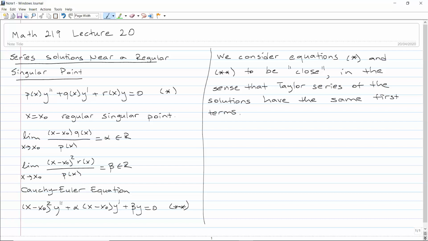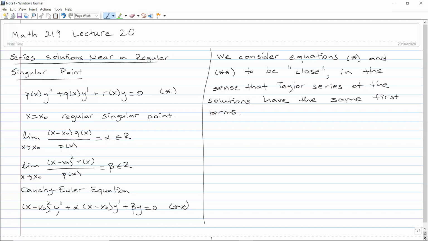The order of the singularity at x0 is second order, so when you multiply with (x minus x0) squared, you get a number. That's for the function itself.